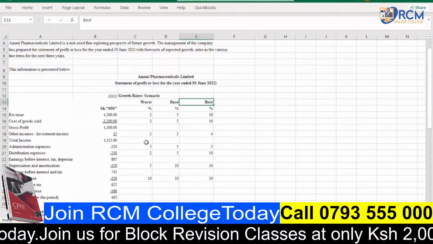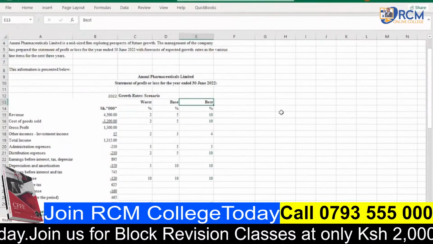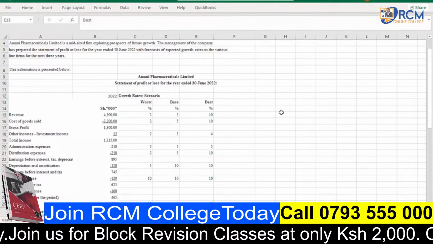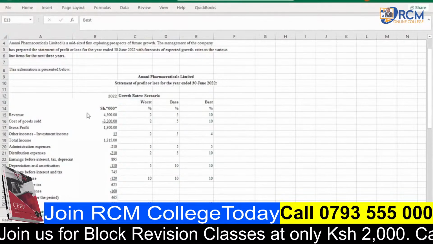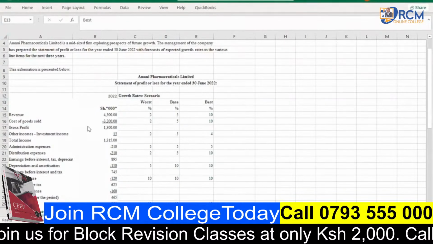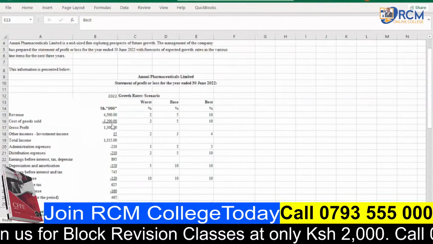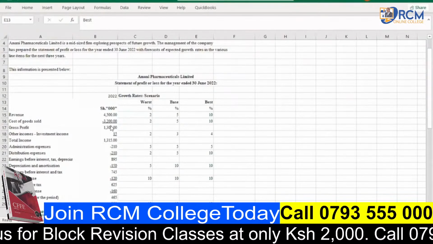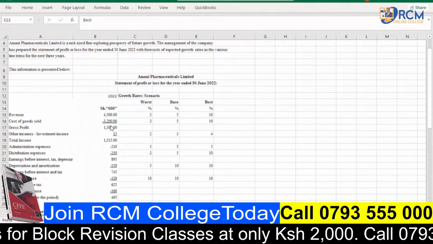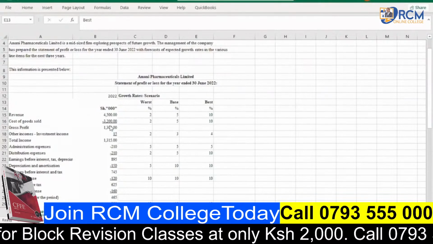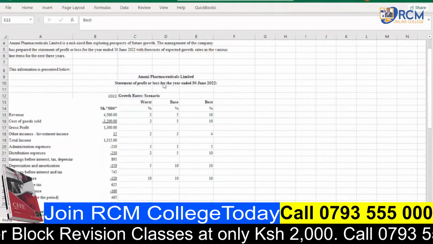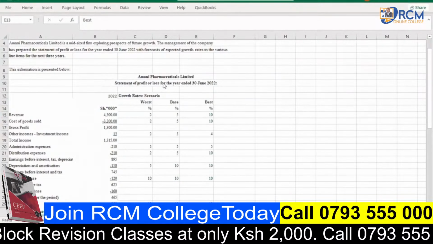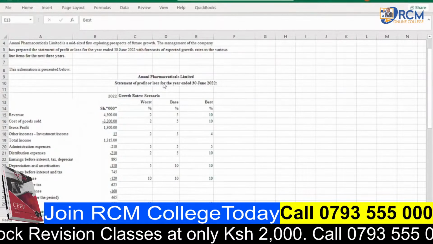Assume you don't have worst, you don't have best. Work out for the 3 years. So let's just do one and then you will follow that. Remember, I suggested that this one is going to be an assignment, but let's just do one. And I expect you to comply. You can complete the remaining 2, then you share.